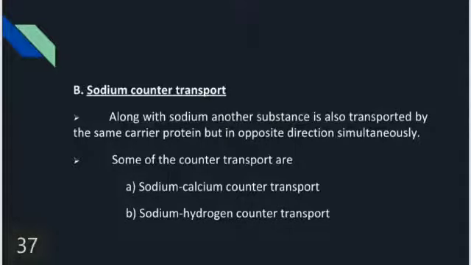Second, sodium counter-transport. Along with sodium, another substance is also transported by the same carrier protein but in opposite directions simultaneously. Some of the counter transports are sodium-calcium counter transport, sodium-hydrogen counter transport, etc.